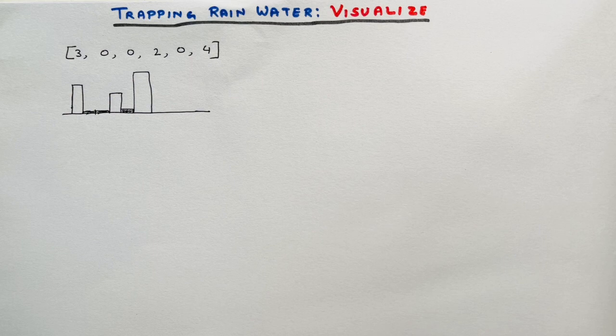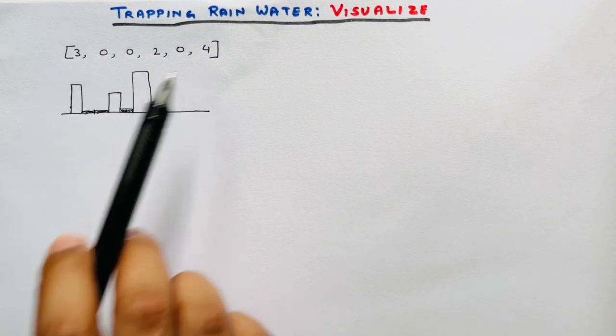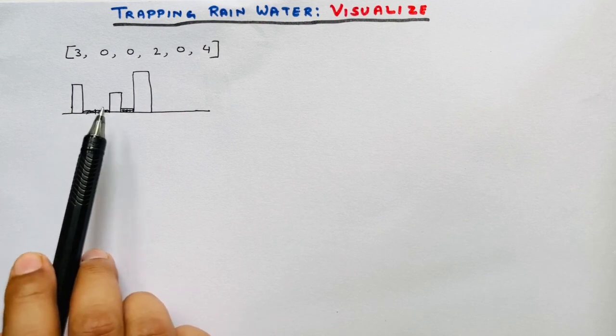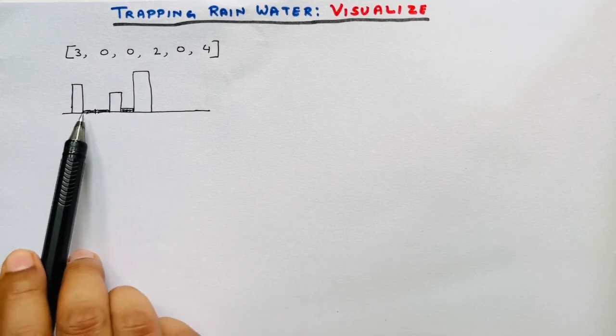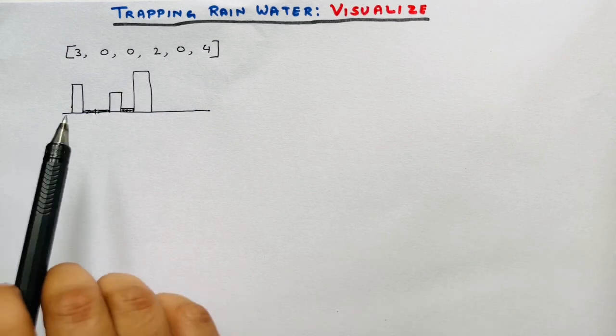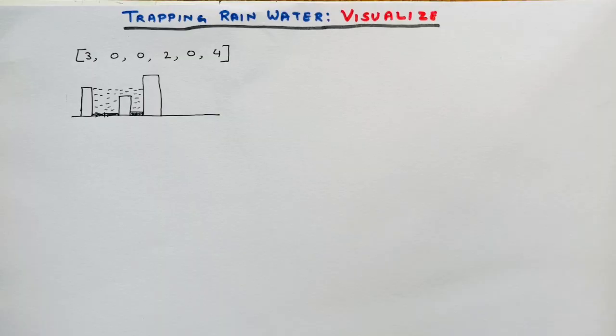Before jumping to the solution, let us first try to visualize how the water will get trapped. This is a visual representation of the example that we have taken. These are the blocks of heights 3, 2 and 4, and the ones below are of height 0. Now let's see, if it rains over this, how much water will it be able to trap?